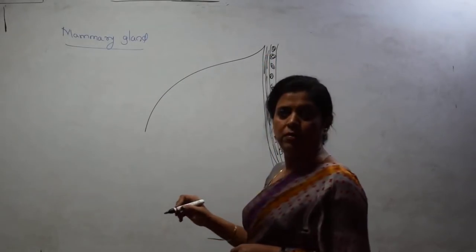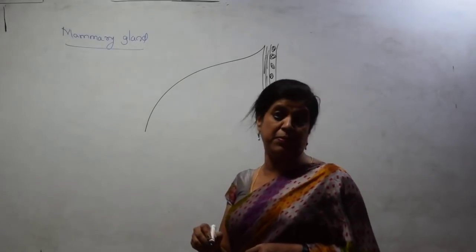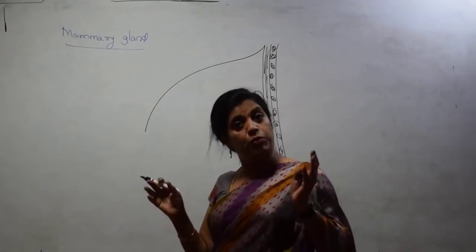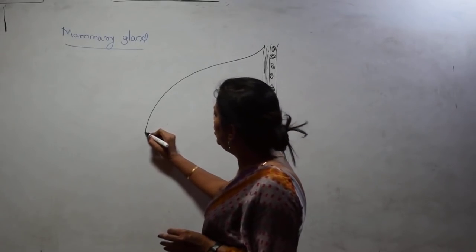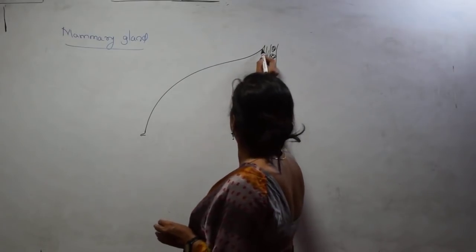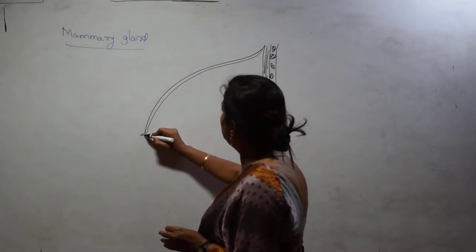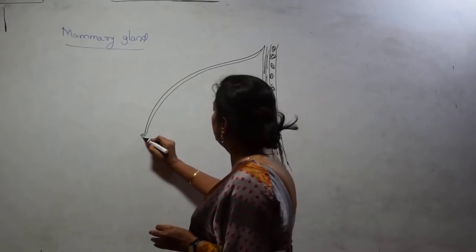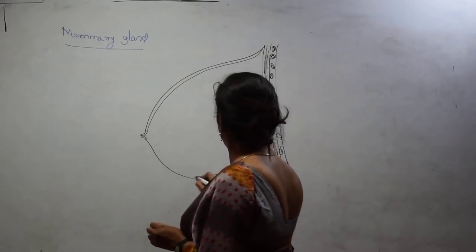This is the structure of the enlarged gland. Females undergo an enormous increase in their mammary gland when they enter puberty. And here it will end with the small nipple. This is the nipple I am drawing, and this is the lower portion.